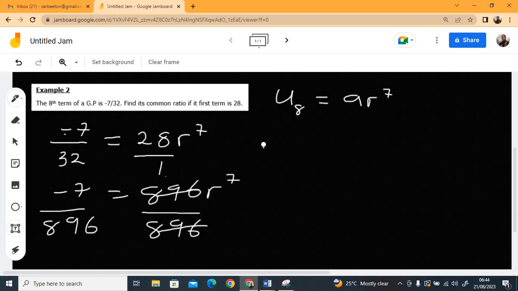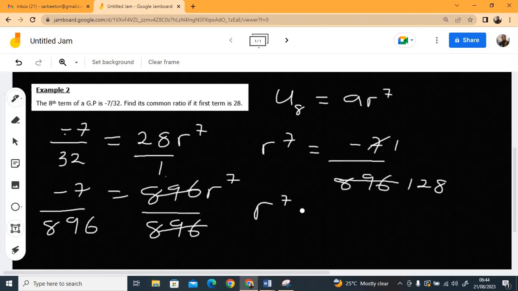I'm left with r raised to power 7 equals minus 7 over 896. So the next thing I'm going to do is divide this. 7 over 7 is 1. 896 over 7 is 128. So I have r raised to power 7 equals minus 1 over 128.